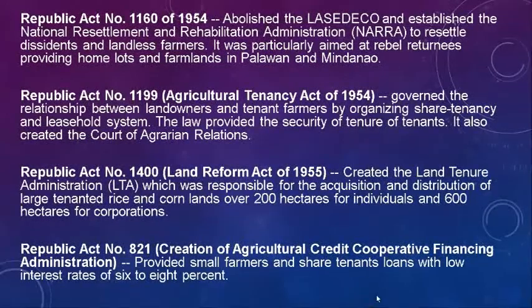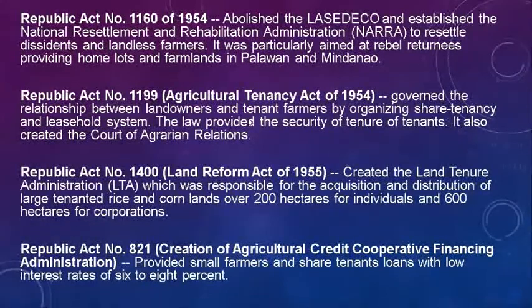And yeah, there are several laws, but in 1954, they abolished the LASEDECO and replaced it with the NARRA, or the National Resettlement and Rehabilitation Administration, to resettle residents and landless farmers. So it was particularly aimed at rebel returnees, providing home lots and farmlands in Palawan and Mindanao.